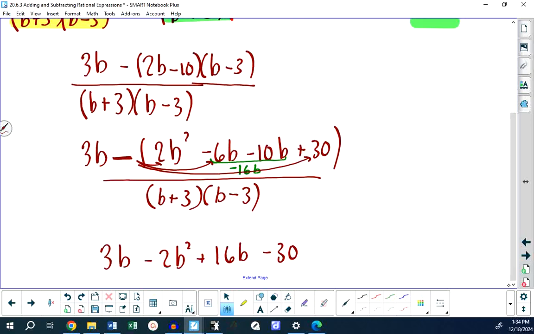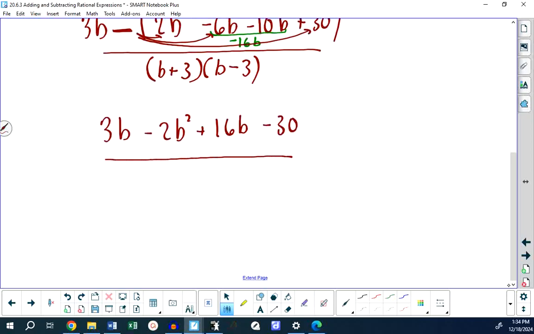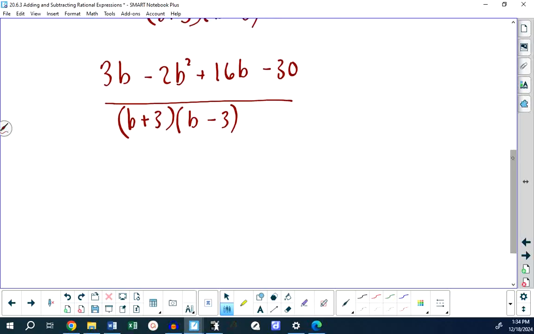So now this is all on b plus 3, b minus 3. I mean, I think if it hasn't dawned on you yet, this is going to get pretty heavy. It's maybe the more challenging part of algebra, working with rational expressions. I can simplify this by writing it as negative 2b squared plus 19b minus 30.